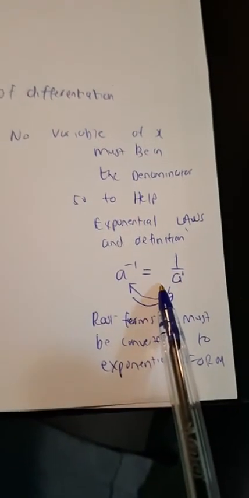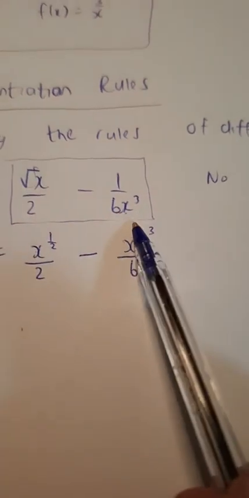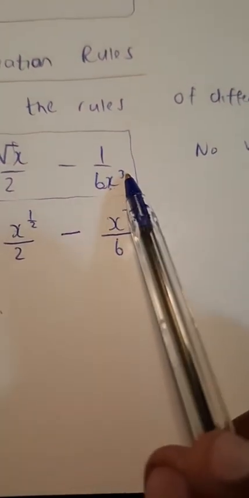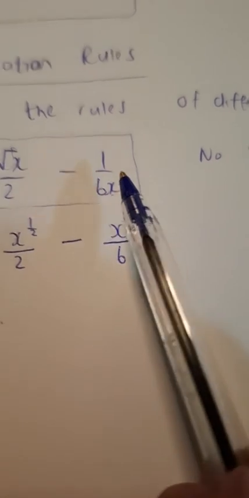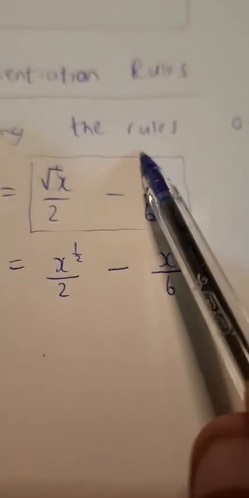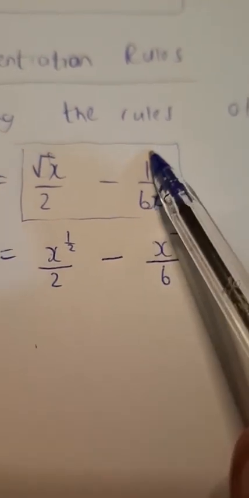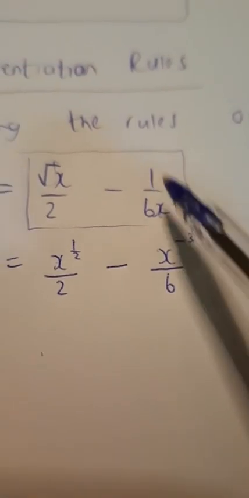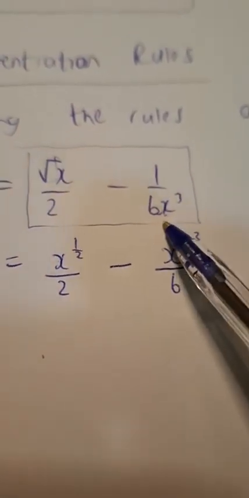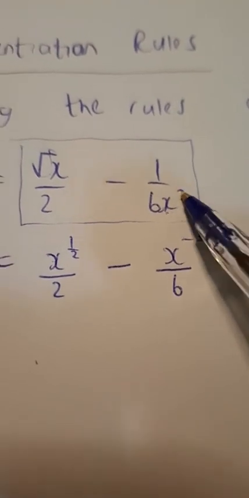So this is me applying the exponential definition, which says if the base of a particular exponent is changed from one position to the other, from the denominator to the numerator, or vice versa, it moves to the numerator, but the sign of the exponent changes.